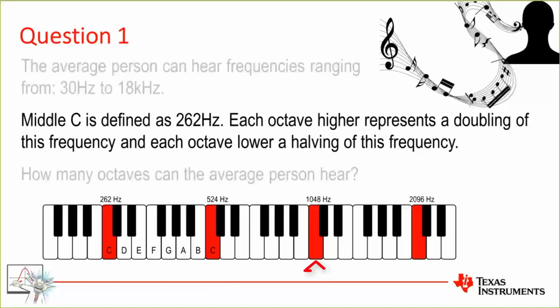So the next octaves would be 1048, 2096, and so on. In other words, a doubling of each frequency for each octave. And if we went down in the opposite direction, we'd see the same thing in reverse. So in other words, 131 Hertz and so on.